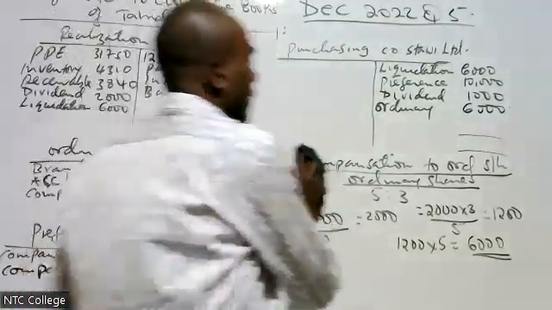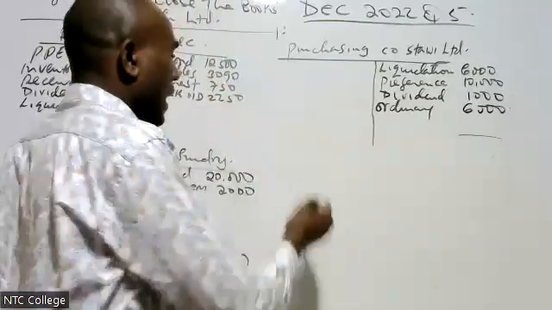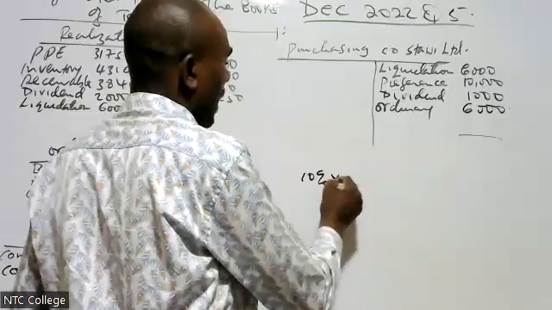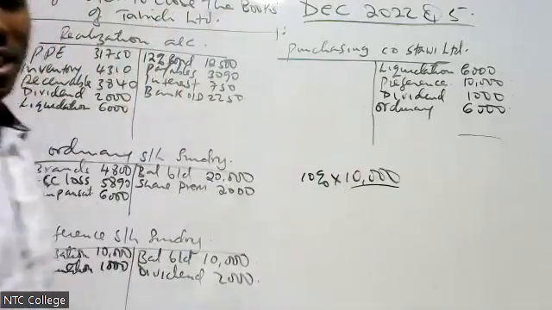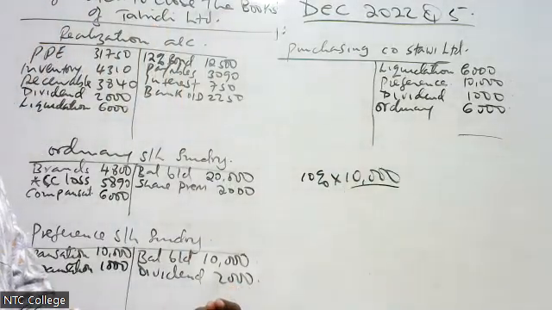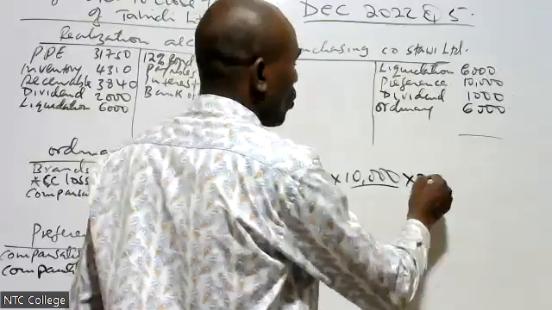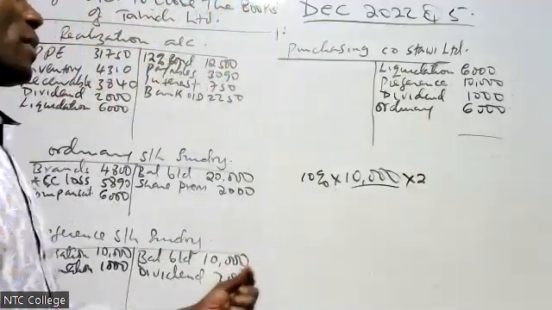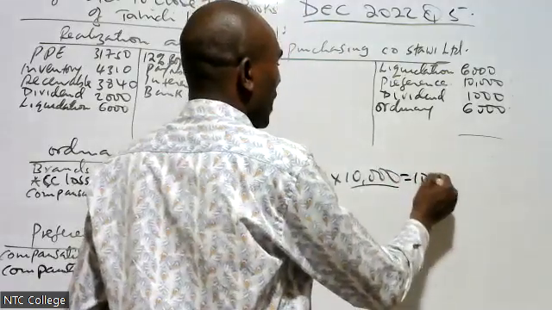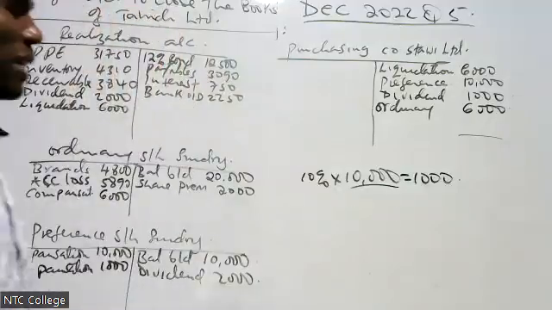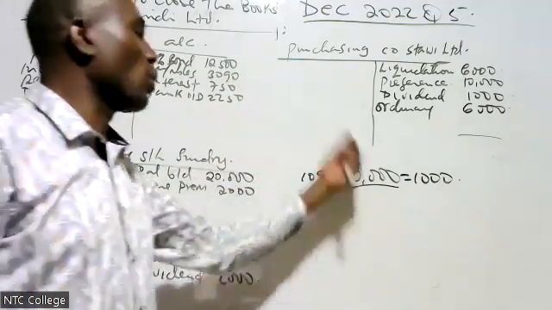Remember, when we calculated dividend in arrears, it was 10% times 10,000, where 10,000 is already in shillings. First, let's get the dividend per year. Per year, it was 1,000, but remember, that is in shillings. We have not converted into shares.